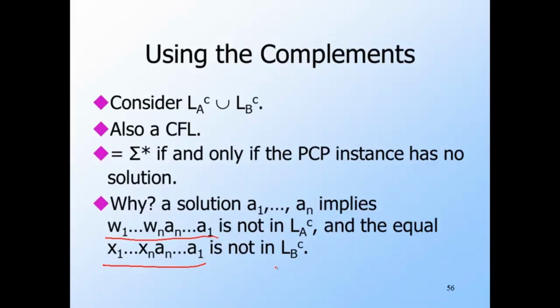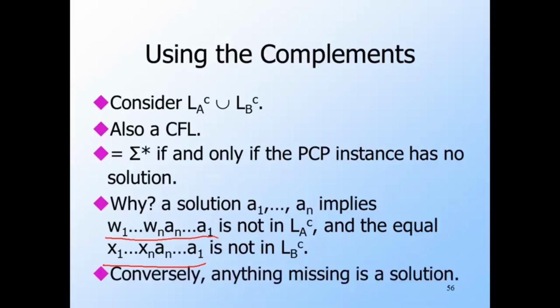Thus, if there is a solution, there is a string missing from the union. Conversely, suppose string Y AN down to A1, let's say this, is missing from the union.